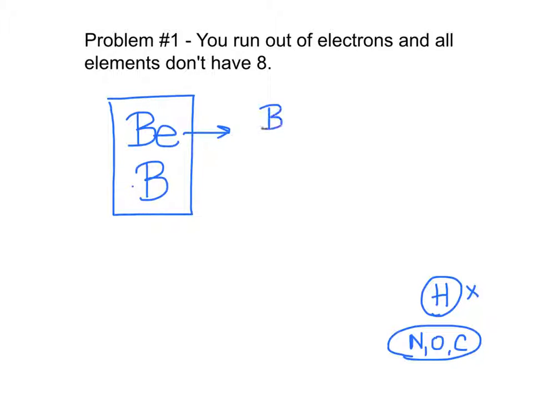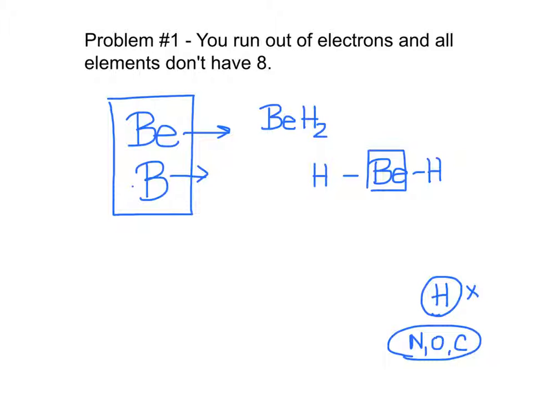If you have BeH2, you would actually end up with this. Don't try to make double bonds. It's okay that beryllium only made 2 bonds, that it only has 4 electrons. It's because of its location on the periodic table, and when we draw 3-dimensional structures for this, you'll see why it fits this way. So beryllium, you just have to memorize it. It will be electron deficient, and it's okay.